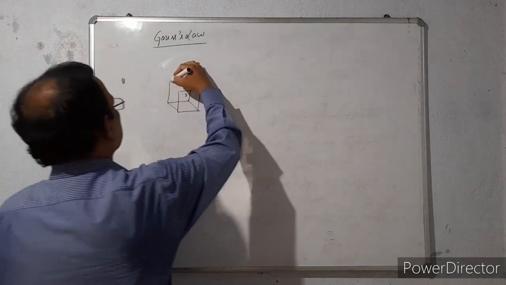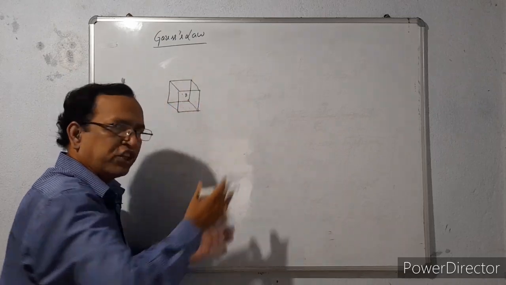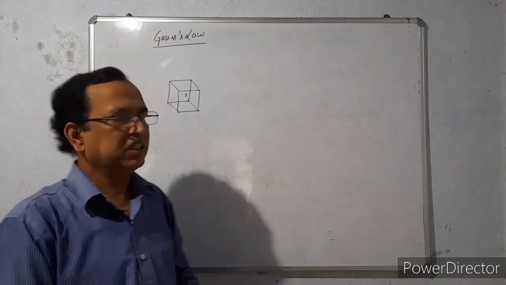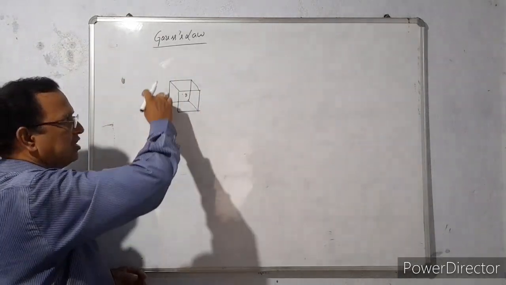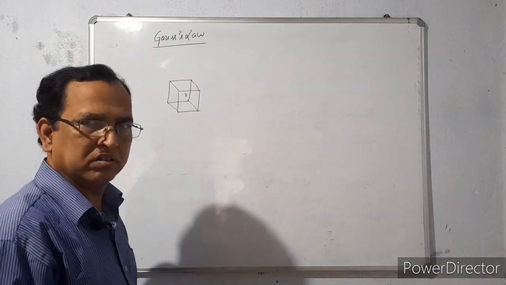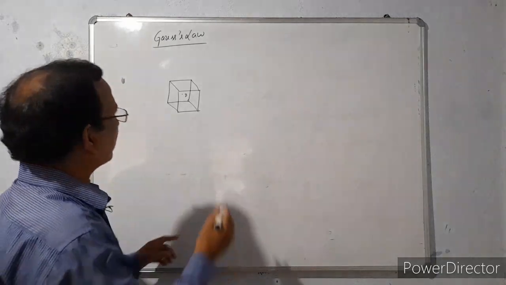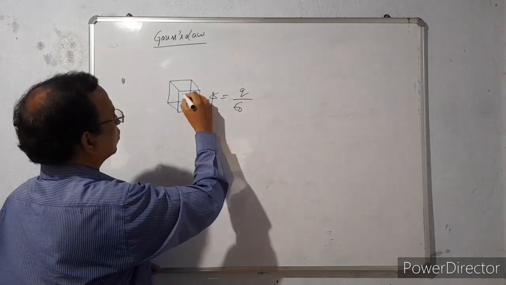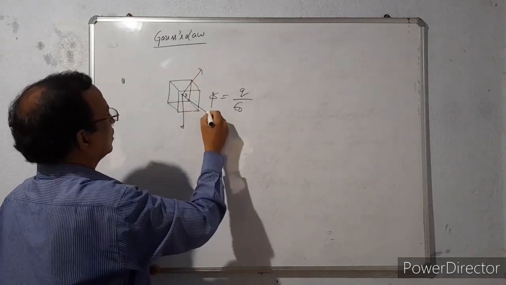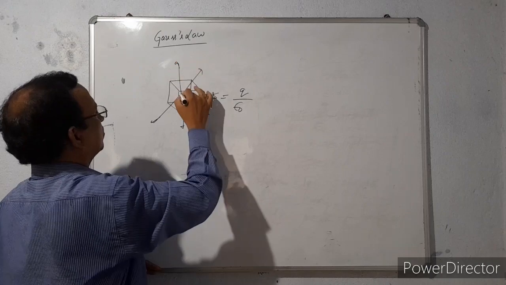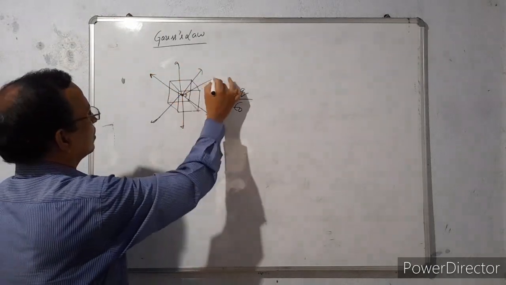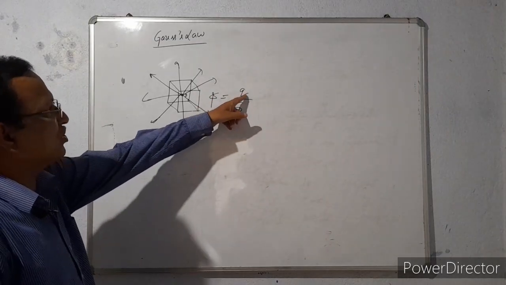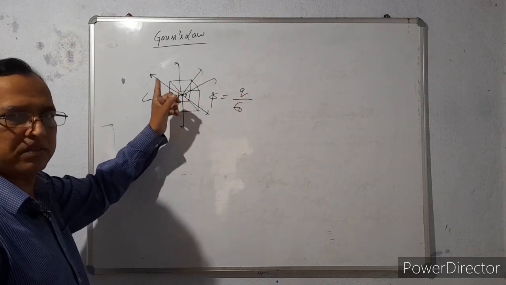Q is the charge situated inside the closed surface. So what is the flux? In this case, the net flux phi is equal to Q by epsilon naught. Why? This is the total flux through a closed surface, because the charge is inside the surface.